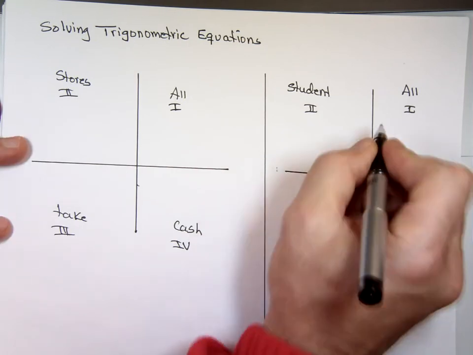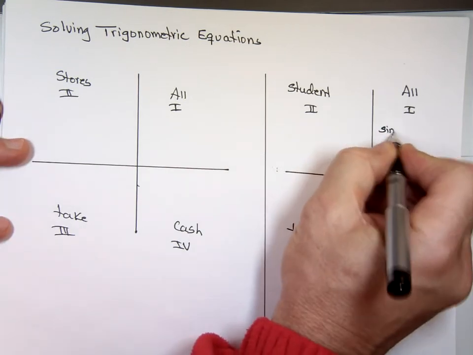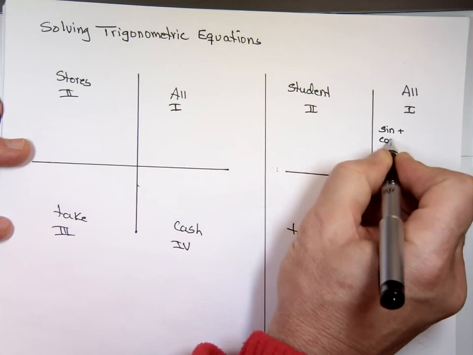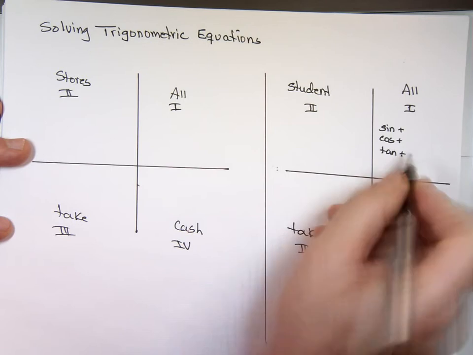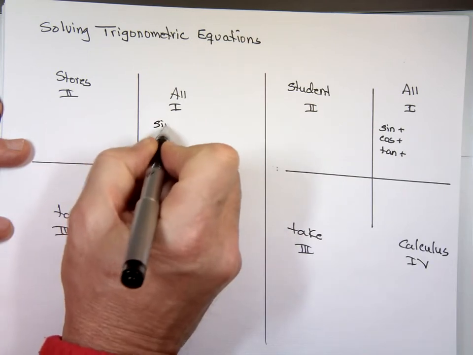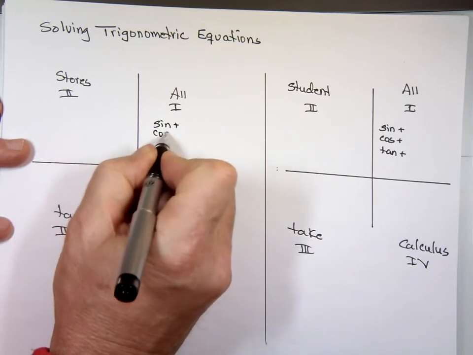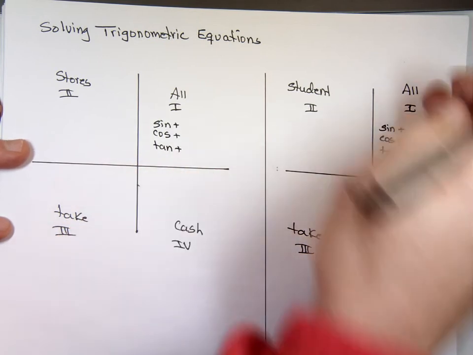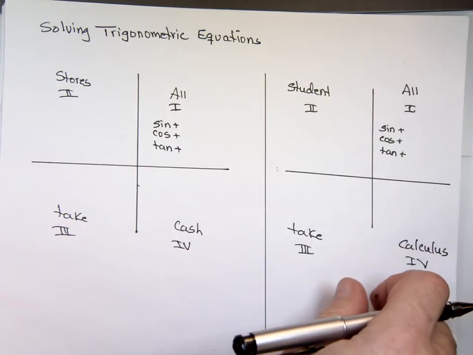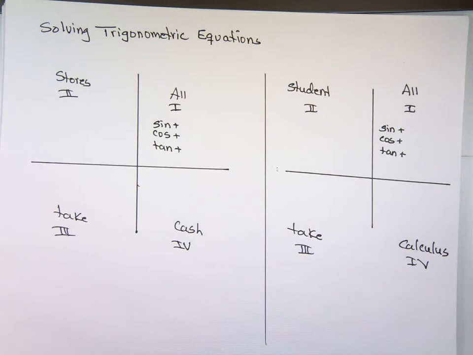All three of them. Sine is positive, cosine is positive, tangent positive. You can use all students take calc or all stores take cash. Doesn't really matter.